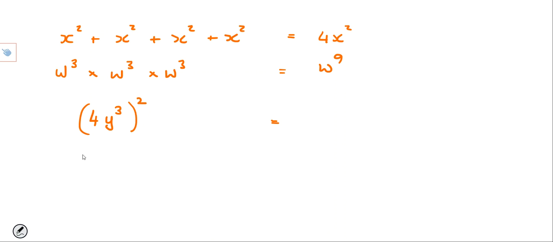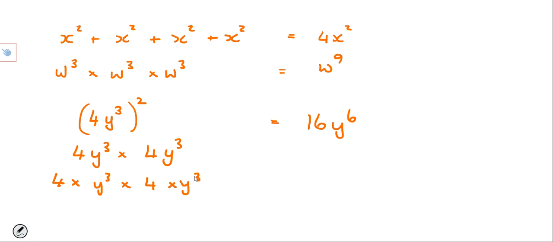Is it 16y to the power of 6? Wait, how? Because what does squaring mean? It's not double it. It means that times that again, times itself, which becomes 4 times y cubed times 4 times y cubed.